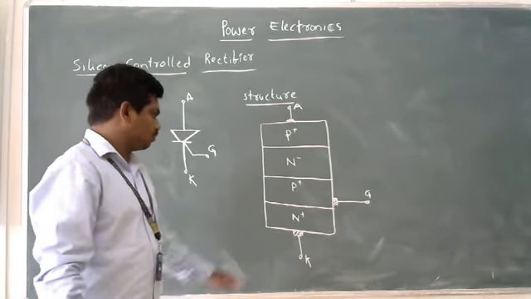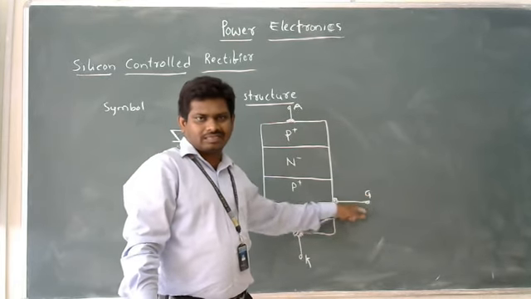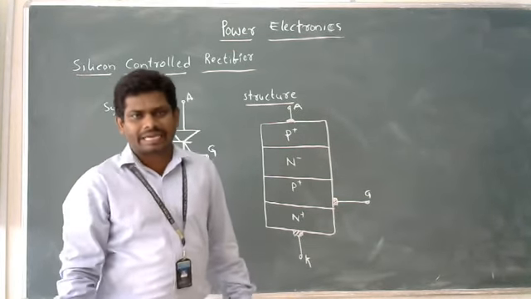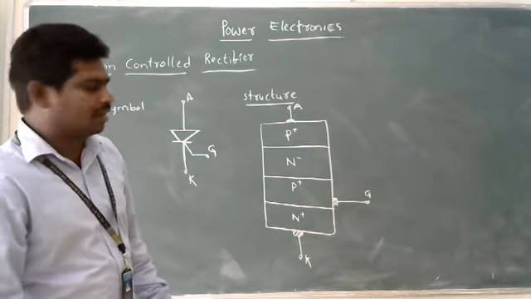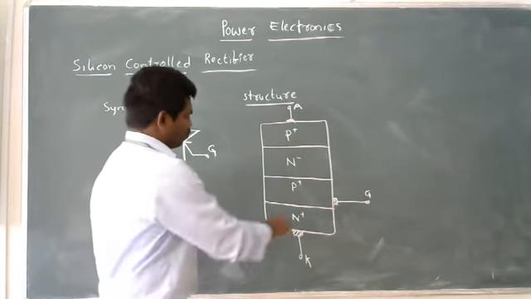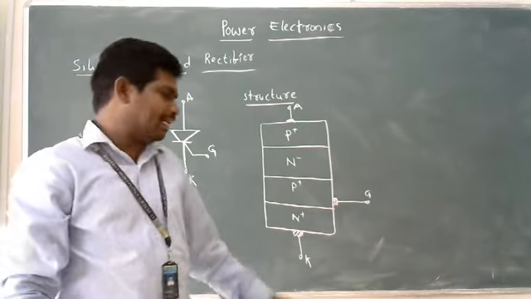Near the cathode there is a gate terminal, and this is also called the cathode gate. So this is the structure. Look at this structure very clearly.